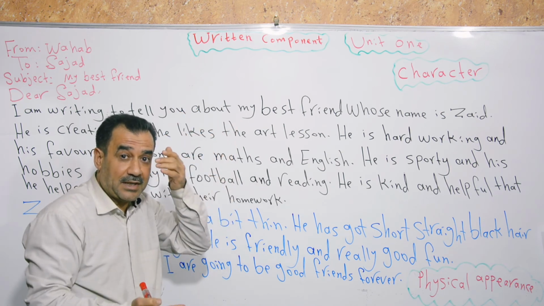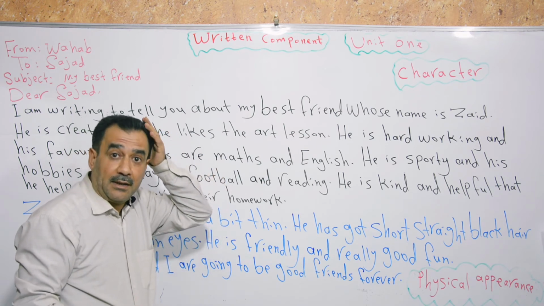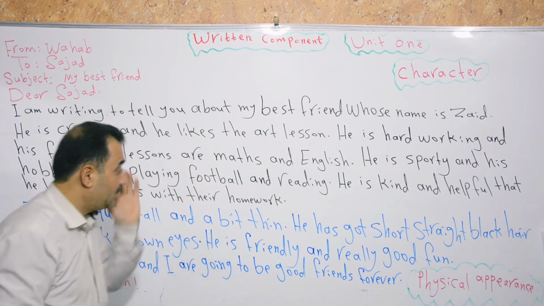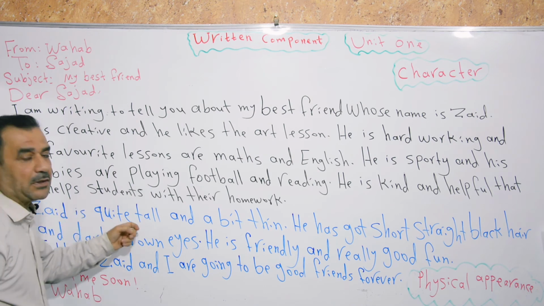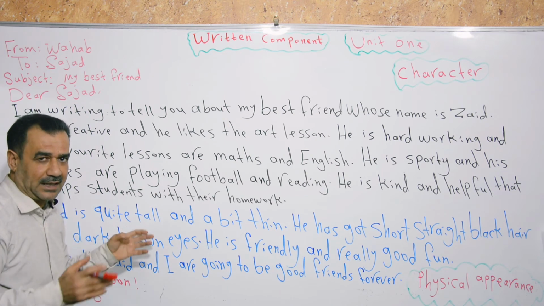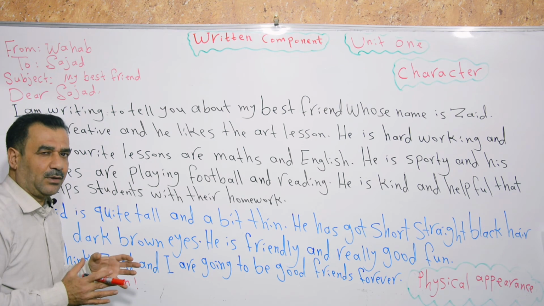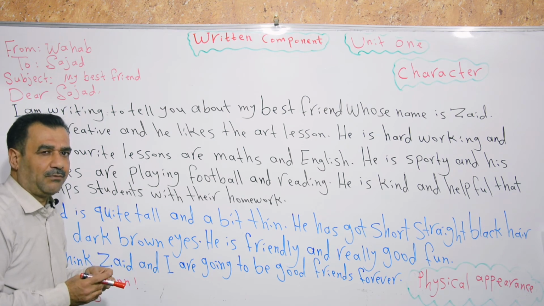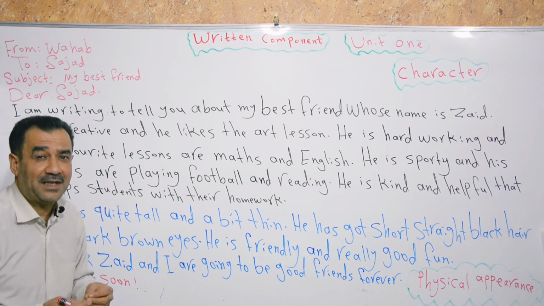Describe his eyes, describe the color of his eyes, describe his hair, and so on. Zaid is quite tall. And as we said, when we want to describe our friend, we describe him in a good way, in a good style.